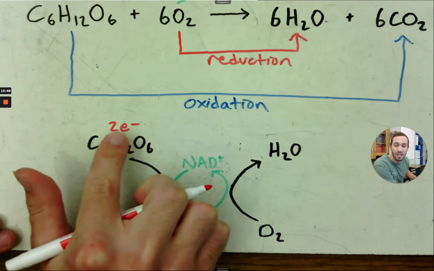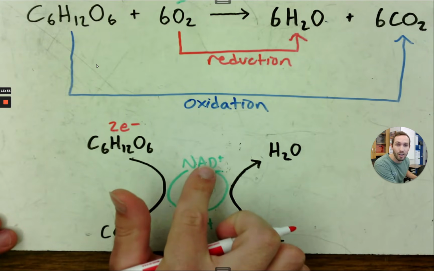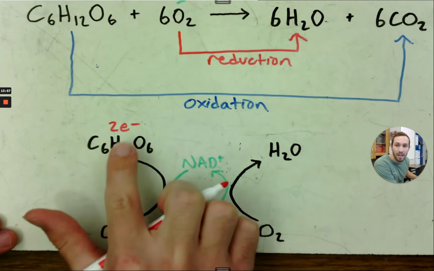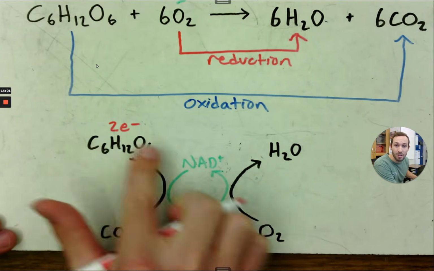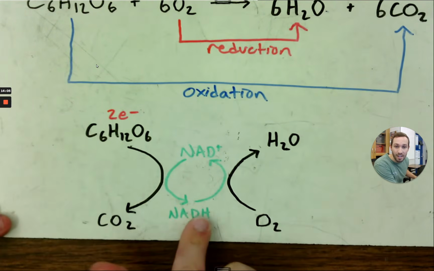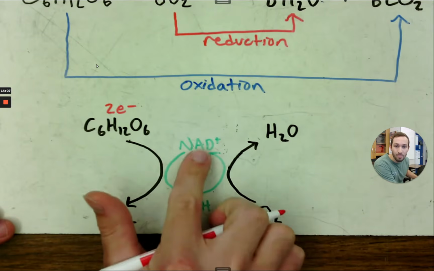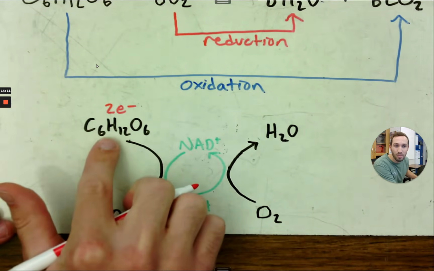That pair of electrons is going to be stolen by an electron carrier molecule. During a reaction, an electron carrier molecule is going to swoop in, and those electrons are going to be given to it. And when those electrons are given to it, NAD+ becomes NADH. So NADH is NAD+ once it's holding on to these high energy electrons that it stole from glucose.